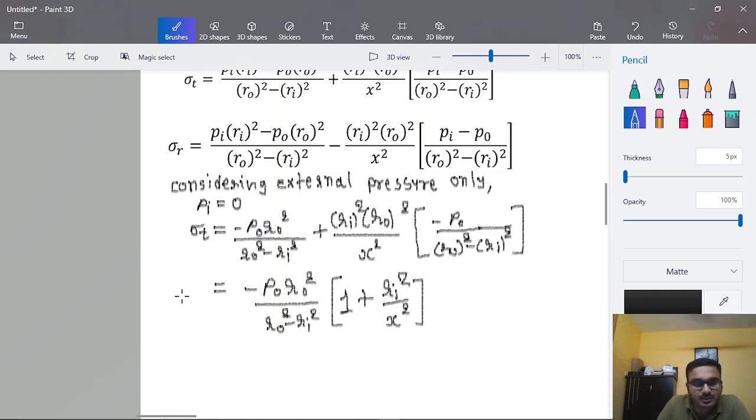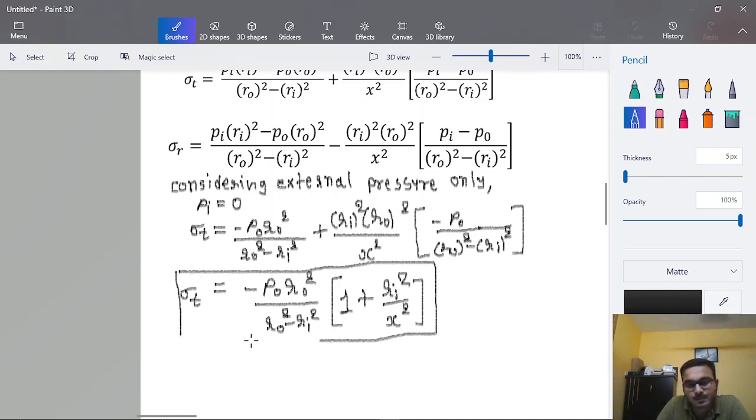So this is the value of sigma T, which is obtained from this equation.